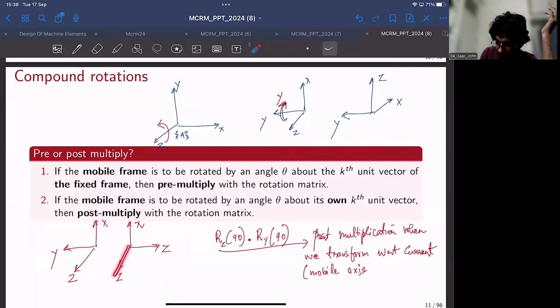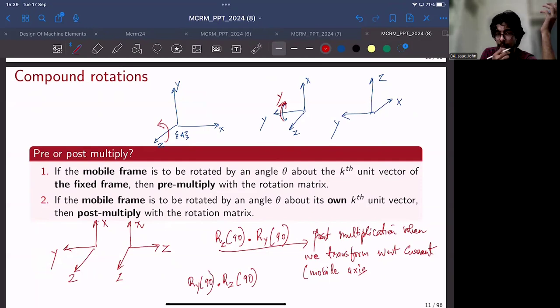Now the z-axis is out of plane, but the x-axis, which earlier was out of plane, is going in the other direction. So if we are transforming or rotating with respect to the fixed frame, we pre-multiply. We do this z rotation first, then we pre-multiply with the subsequent transformation, that was the rotation of y by 90 degrees. So this was pre-multiplication.